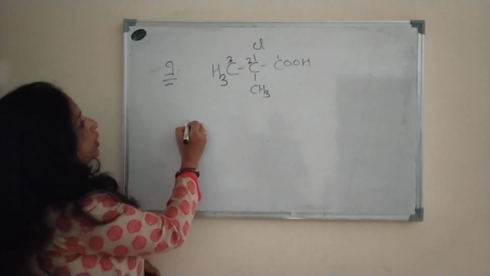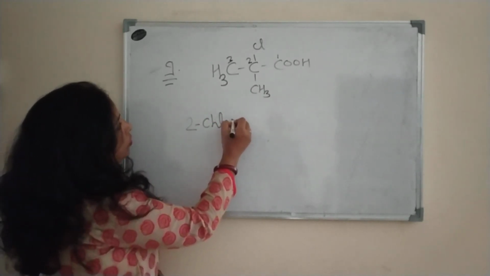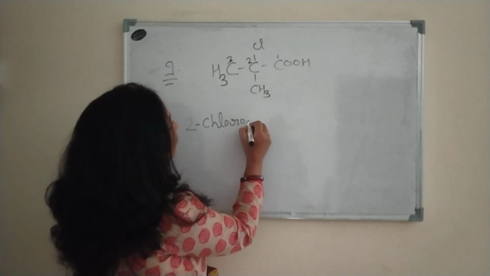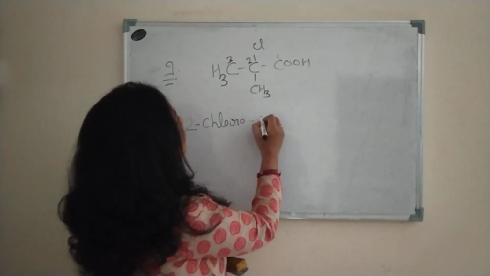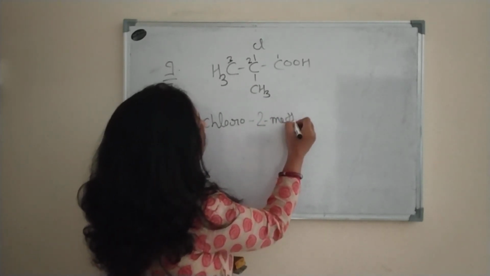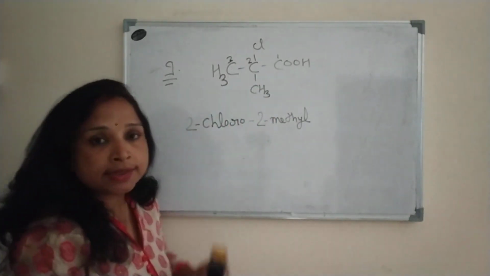So we write 2-chloro, and the position of this methyl group is also 2, so 2-chloro-2-methyl, and the number of carbons is 3.